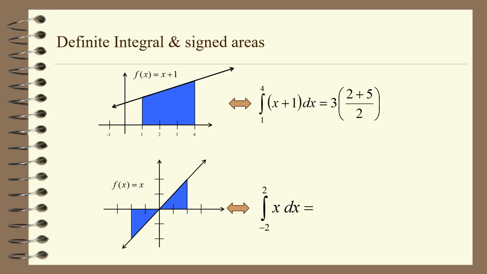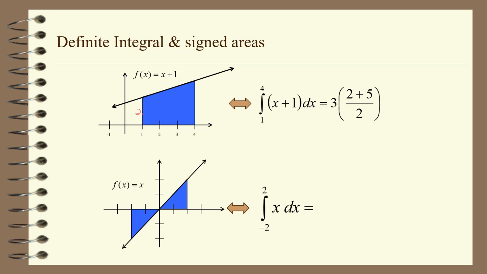For example, if I wanted to find the area of this one trapezoid, it's the same as the integral from 1 to 4 of x plus 1 dx, because that's the area between the function and the x-axis. Now we know that the area, since it corresponds to a trapezoid, is found by finding the average of the bases. So one of the bases is right here, and that height is found by evaluating the function at 1.